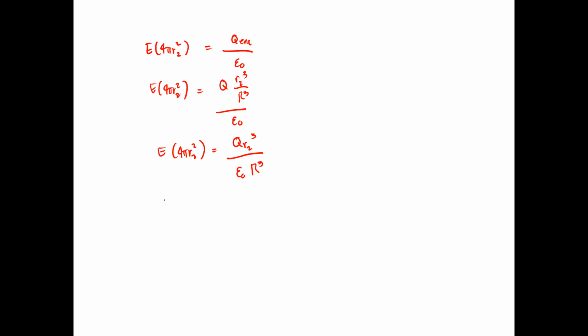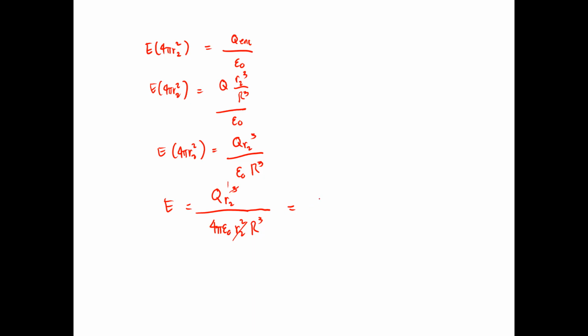Okay, so the electric field inside the sphere is equal to Q R sub 2 cubed over 4 pi epsilon naught R sub 2 squared times R cubed. We can further simplify this. The R sub 2 squared cancels out, and what remains is just one R sub 2.